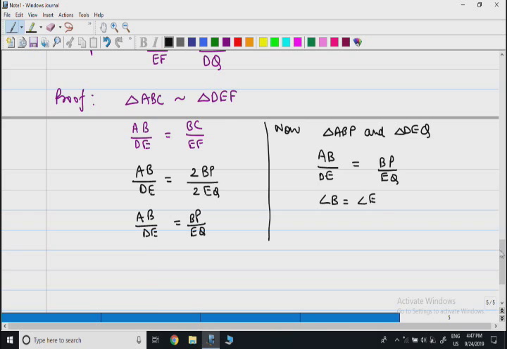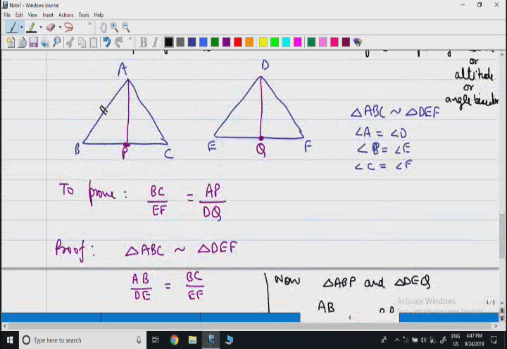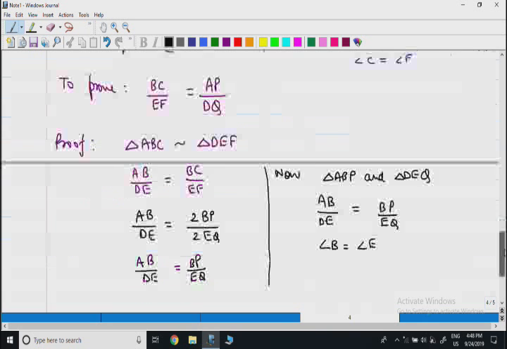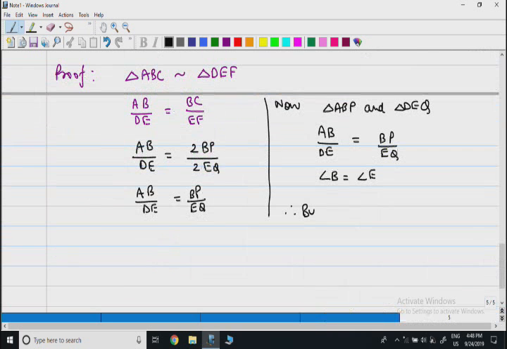So these two sides are of equal ratio, and angle B is equal to angle E. When the included angle is equal and the other two sides are in the same ratio, we can use the side angle side similarity concept. Therefore, by side angle side similarity, triangle ABP is similar to triangle DEQ.